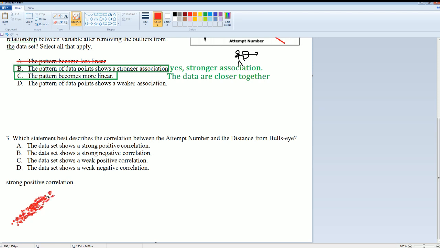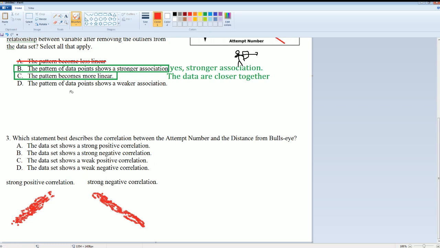Okay, this would be a strong positive correlation. Now I'm going to show you what a strong negative correlation is. This time it goes down because it's negative. And this is strong.